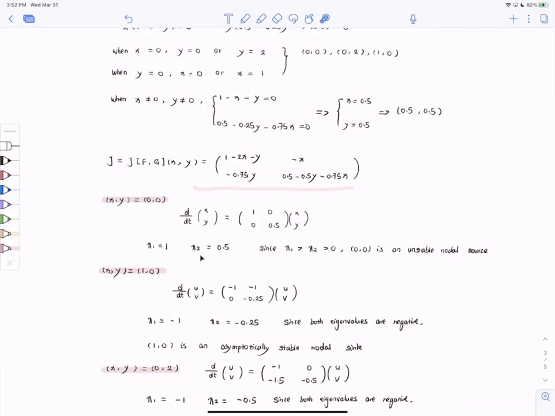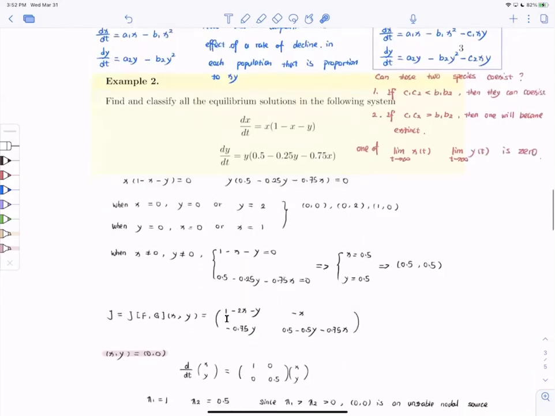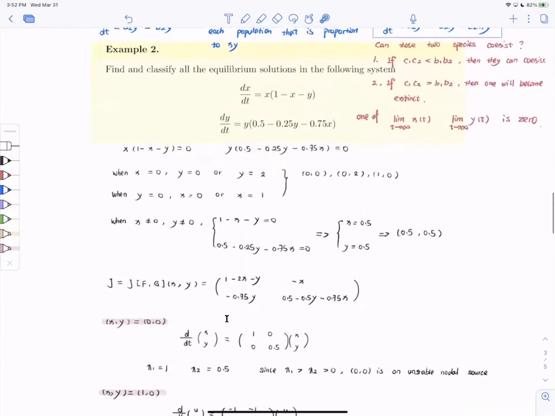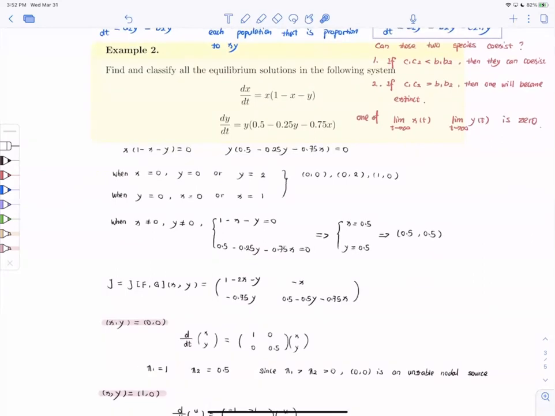How do we find the limit? You need to compute x(t) or y(t) approaching 0. So basically you need to kind of solve it first. So it's the limit as t goes to infinity of x(t), and the limit as t goes to infinity of y(t).